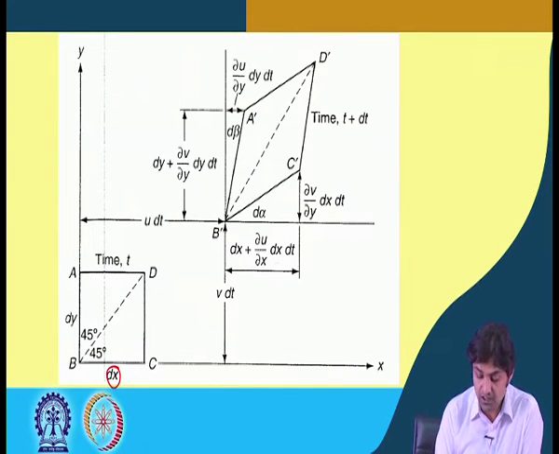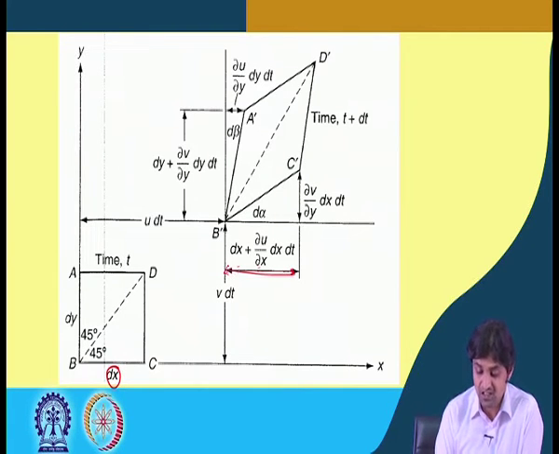When it goes there, in time dt and with the velocity u, this entire length will become dx plus the change of velocity in x direction, del u del x, correct. The total change of this length is going to be del u del x into dx into dt. All right.